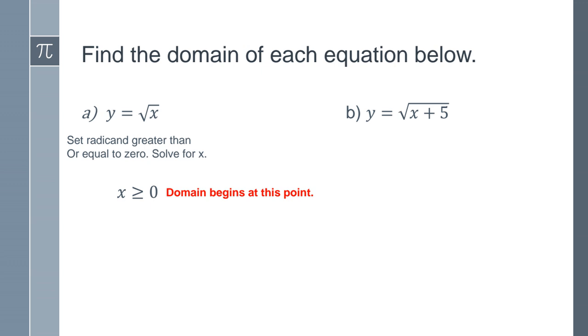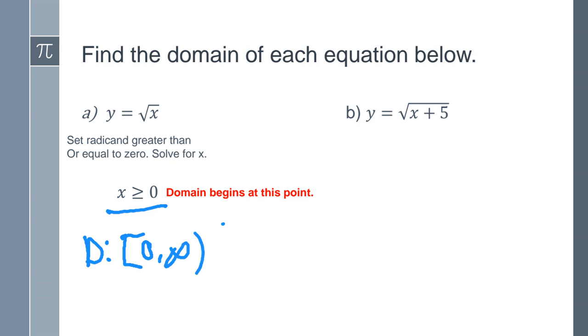So here, for this answer, that's where your domain is going to begin. And since we have the equal sign here, we're going to start by using a bracket because we are going to include that number. So this is going to start at 0, and it's going to go to infinity.